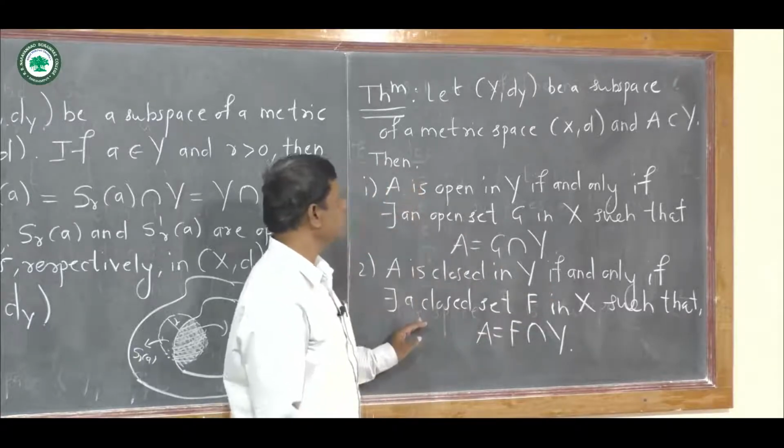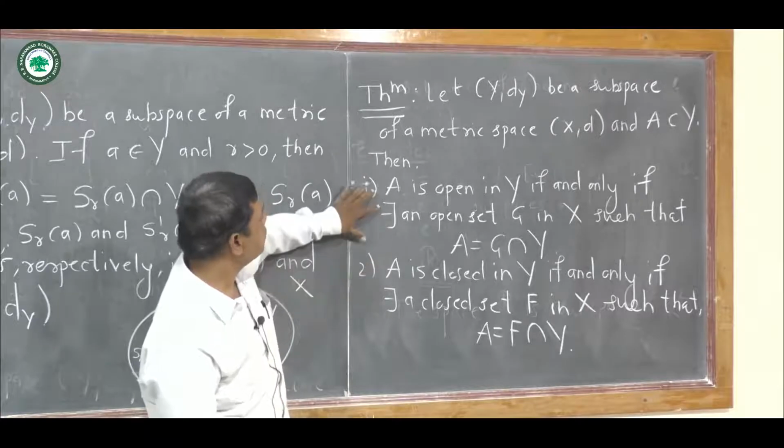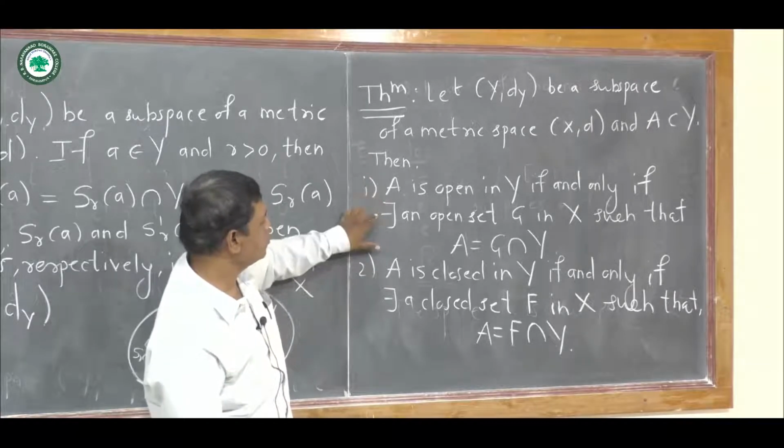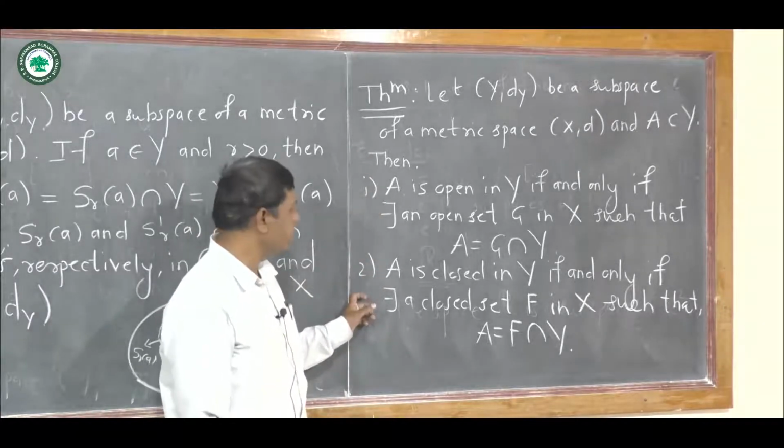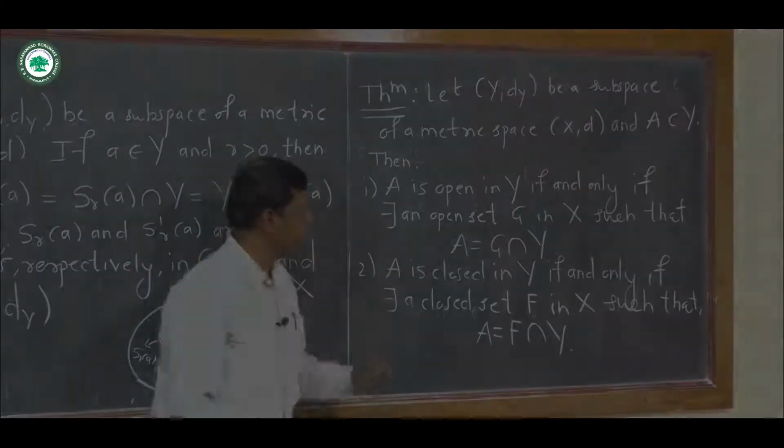So to prove this theorem, we are going to see all this. It means that first we are going to prove this, then next we are going to prove the second one.